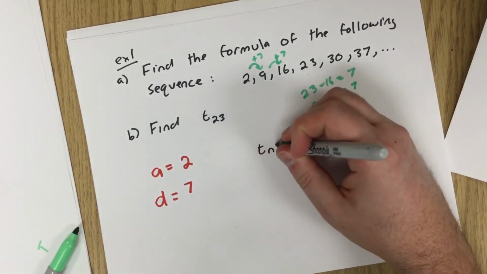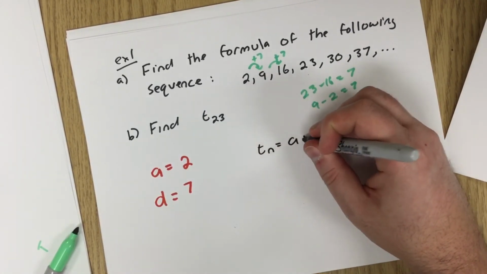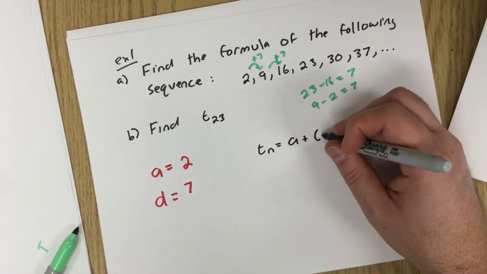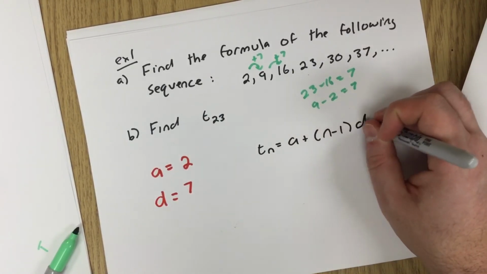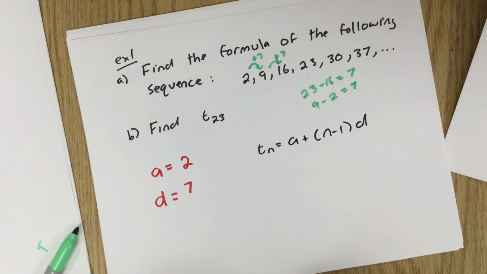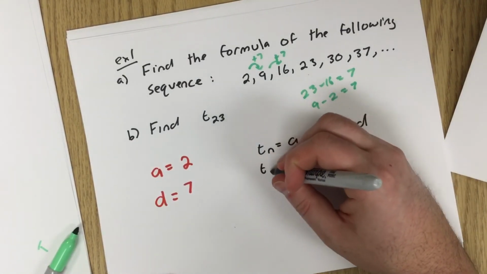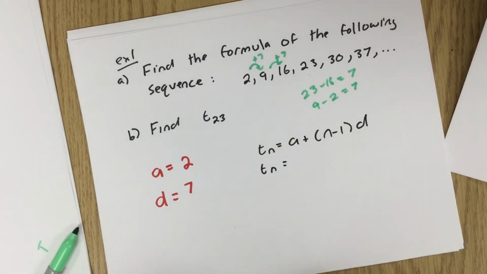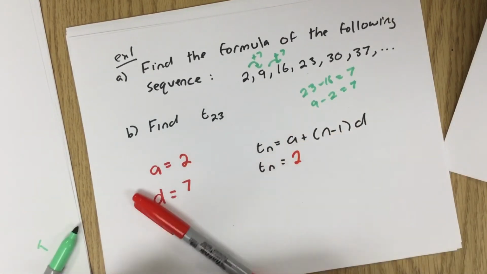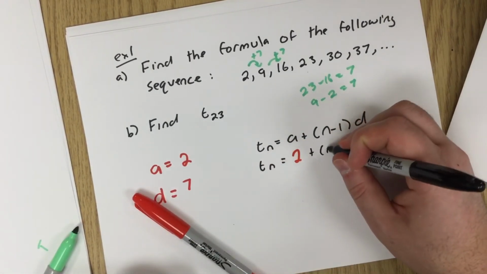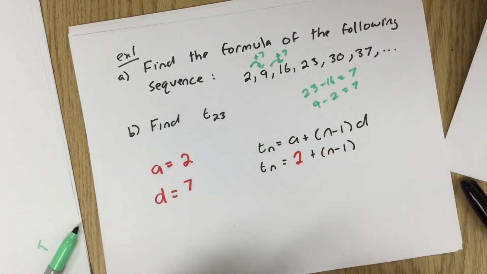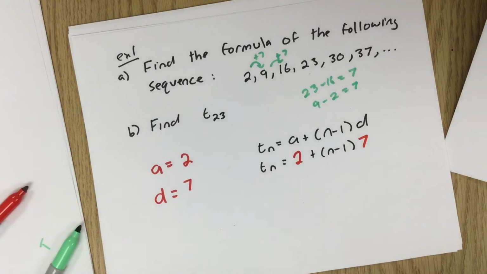We know that the nth term is going to be A plus n minus 1 times D. So the nth term is going to be 2 plus n minus 1 times 7. And so we've plugged in those numbers.